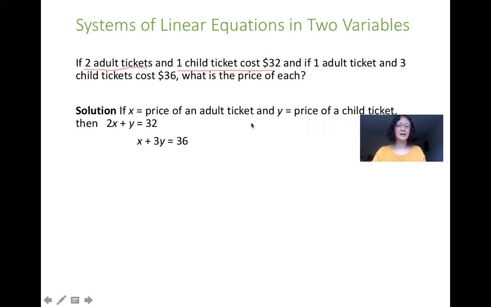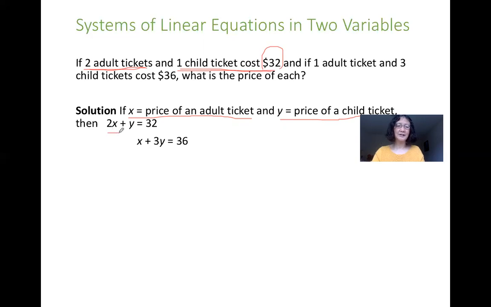Okay, so let's look at the solution. Let's use X to represent the price of an adult ticket and Y to represent the price of a child ticket. Based on this condition, 2 adult tickets and 1 child ticket is $32.